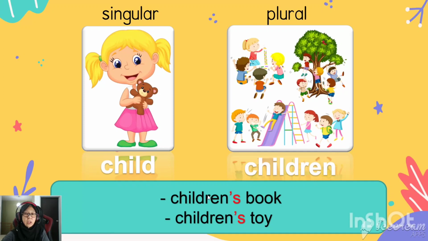We cannot say students-style children-s apostrophe; we have to write like this: children apostrophe s book, or children apostrophe s toy. Because children is already plural, we don't put s after the word children here. Okay, I hope you are clear with this part.